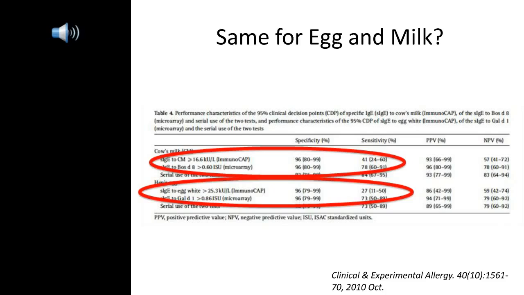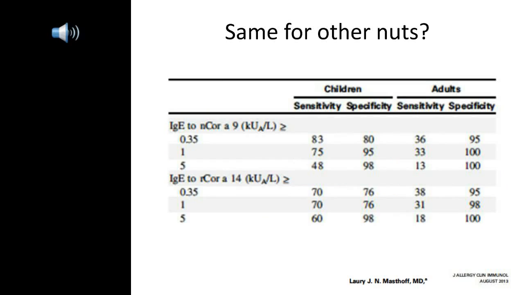I want to emphasize that component-resolved diagnostics have improved the situation, but not sufficiently to stop us from challenging people if we feel they need to be challenged. And very similar for other nuts.